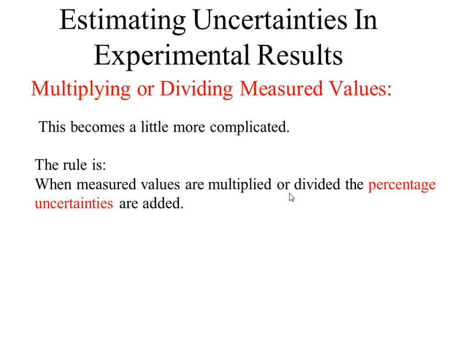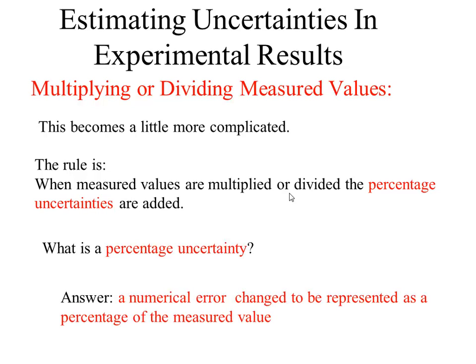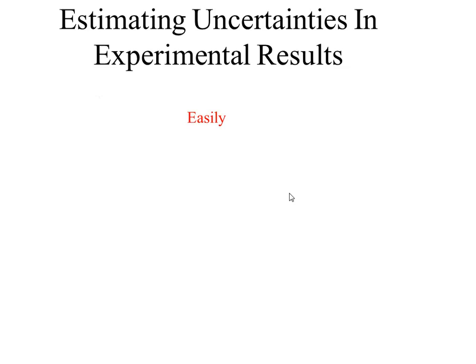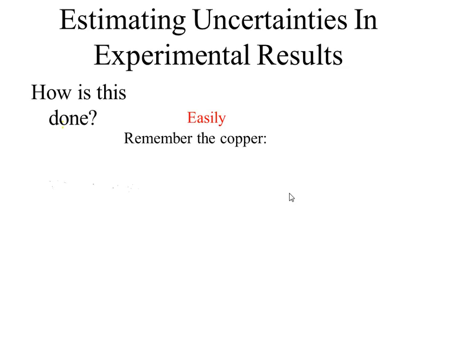So when we're multiplying or dividing measured values, like, say we're calculating the ratio of distance and time. In measuring your time, that has uncertainty, and your distance also has uncertainty. So what we have to do is add the percent uncertainty. The percent uncertainty is just the percent the uncertainty is of the numerical value of your measurement or your calculation. Let's say, we talked about the copper.